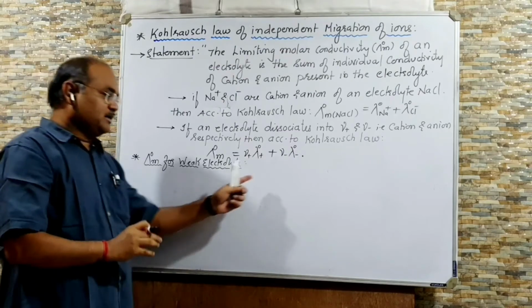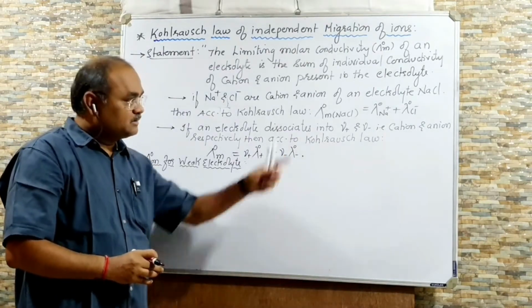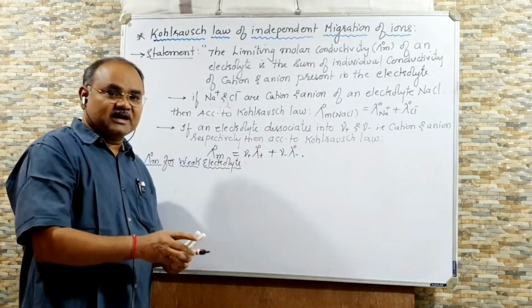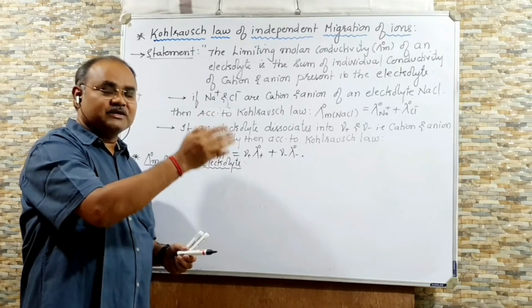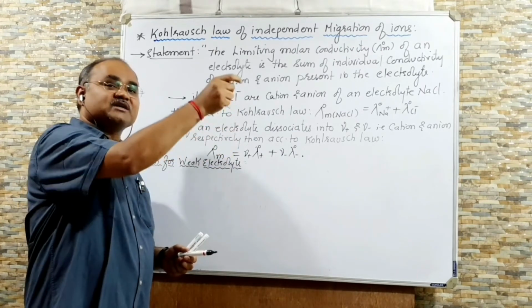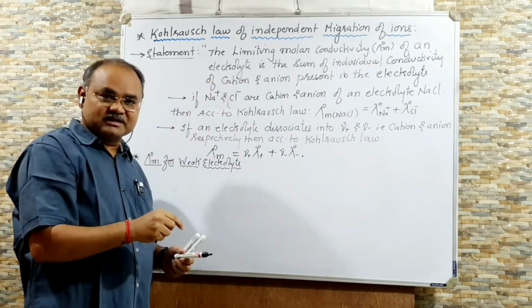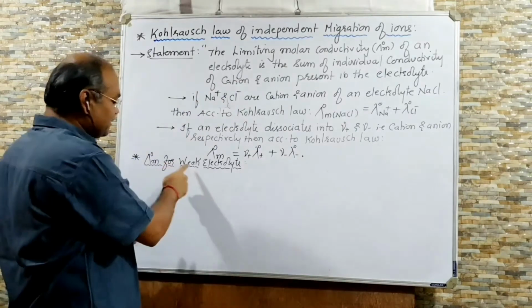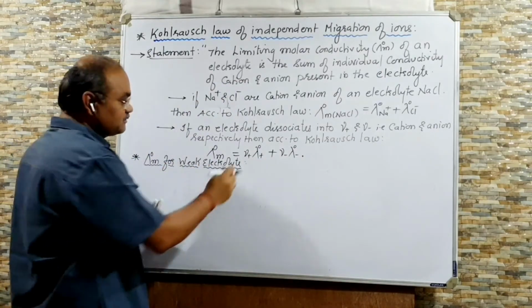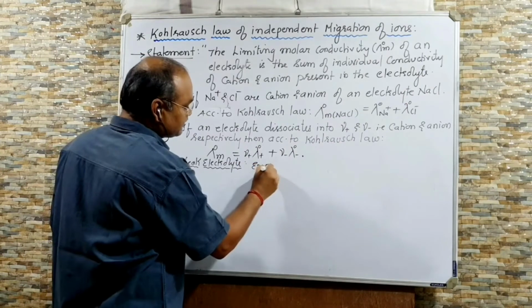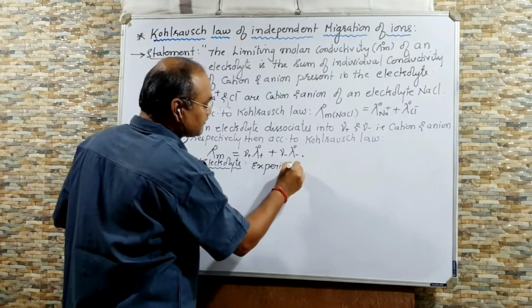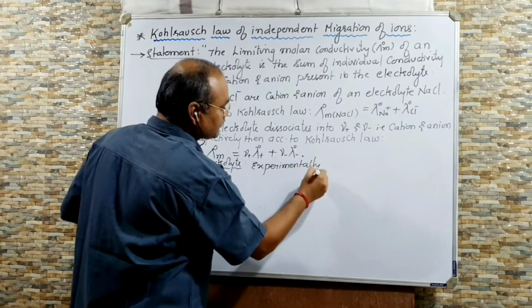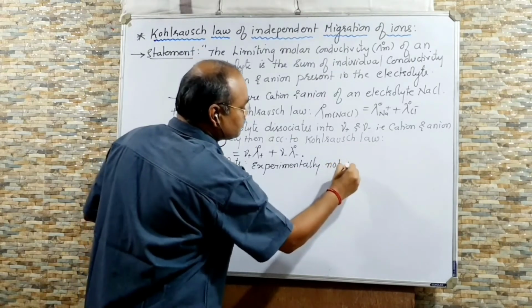Already I have taught you in the graph, I have shown you that the graph was not a straight line. So we cannot extrapolate the graph to zero concentration. So we cannot get lambda 0 m for weak electrolyte experimentally, it is not possible.